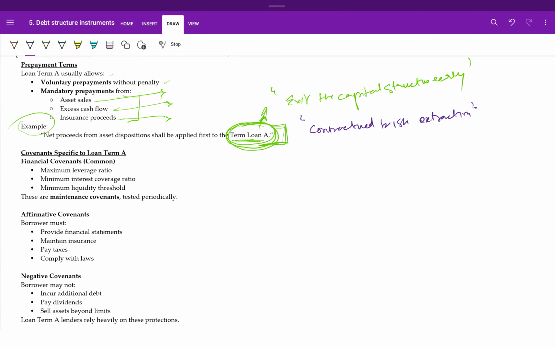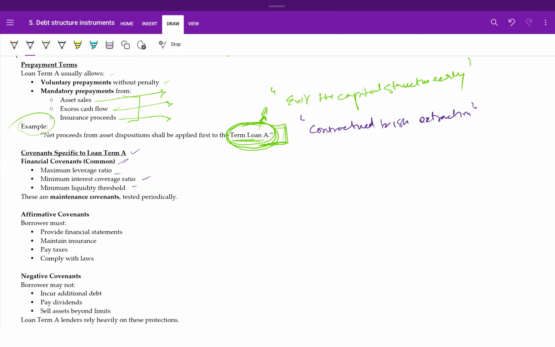Okay, so now let's understand the covenants of loan term A. The common examples for maintenance covenants include maximum leverage ratio, minimum interest coverage ratio, and minimum liquidity threshold.